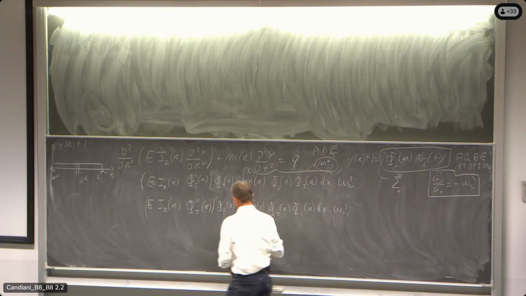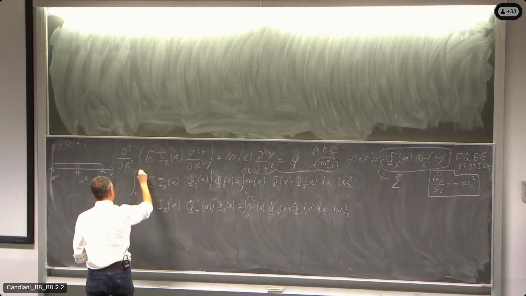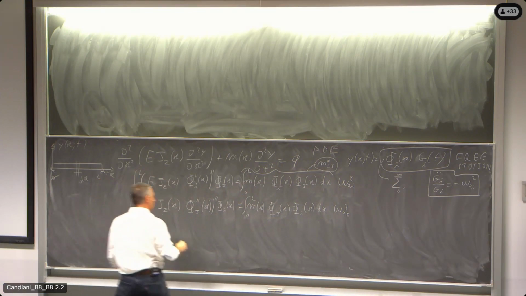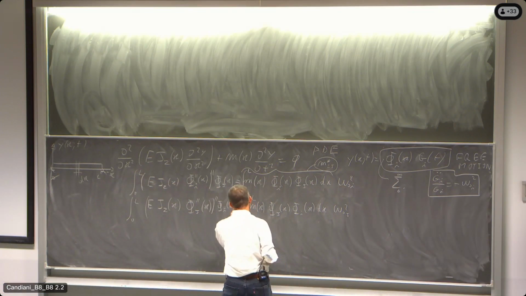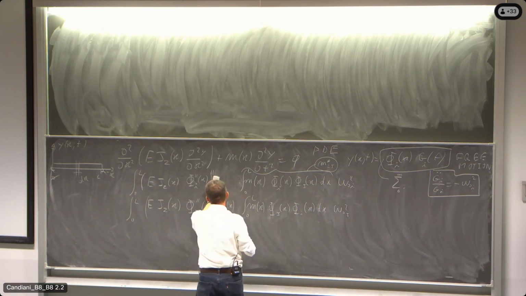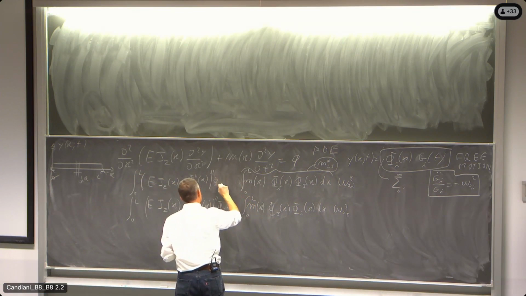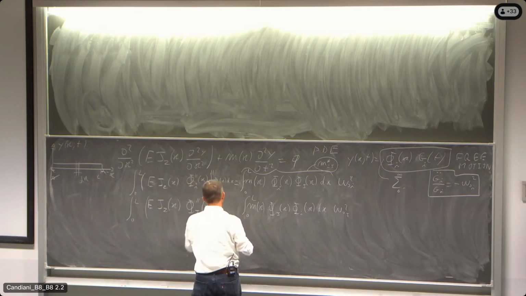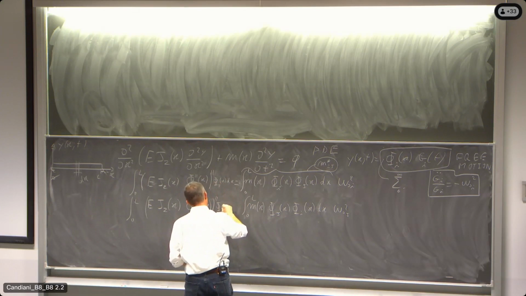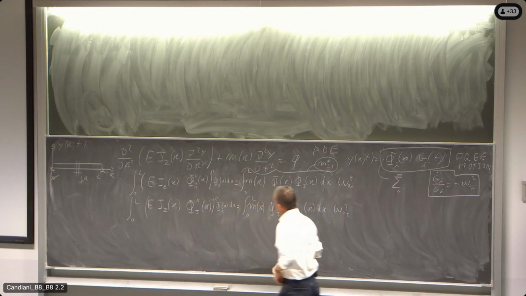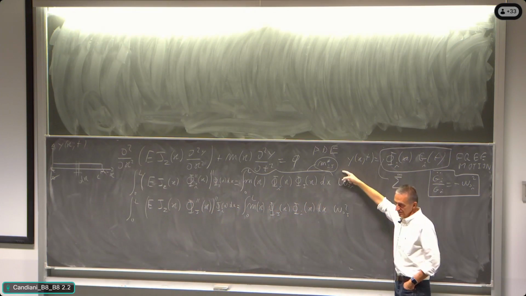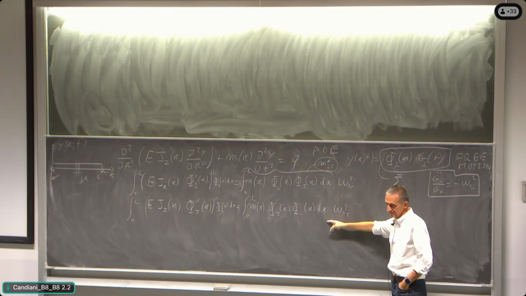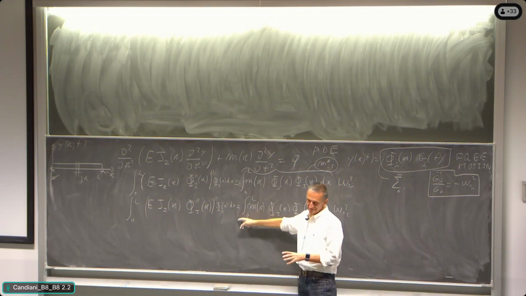And of course, I have to say that I do the same here. So here I recognize m star ij. This is m star ji, and this is not.